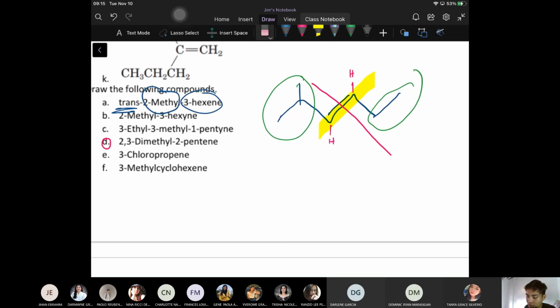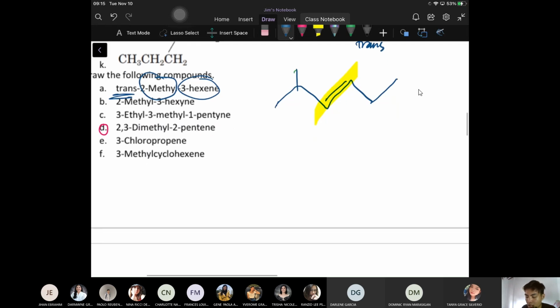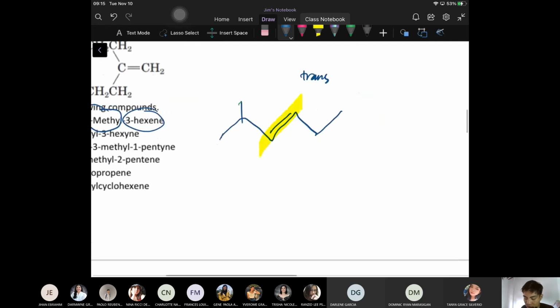Okay. So, burahin natin yung border. What can we say? Your priority groups are on the opposite side of the double bond. Yung isa nasa taas ng double bond, yung isa nasa baba ng double bond. So, basically, this is the trans isomer. If you may ask, ano kaya yung itsura ng cis?